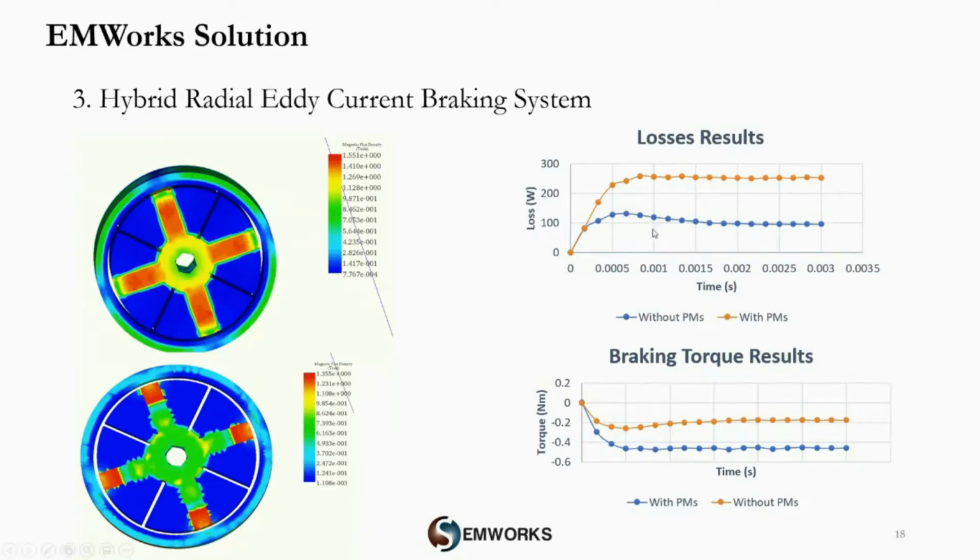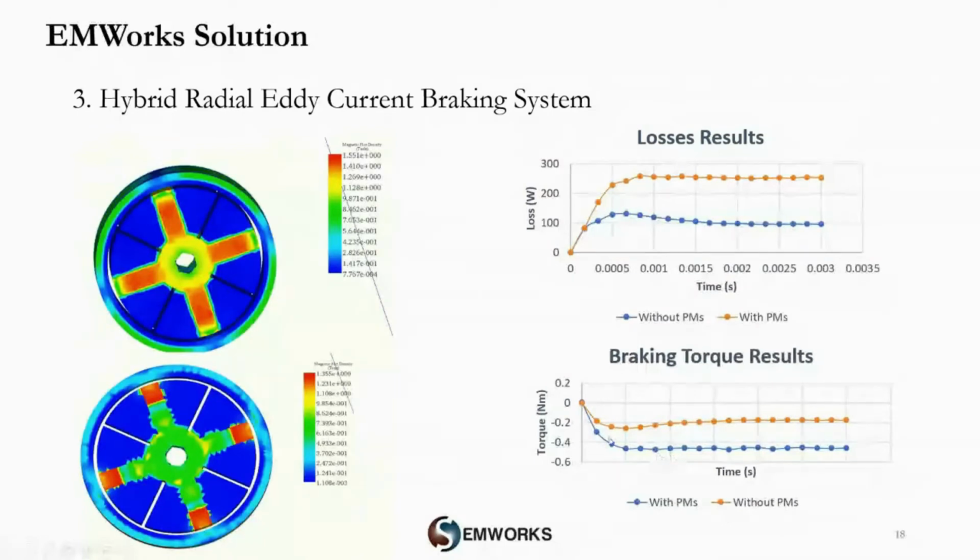When you have permanent magnets, you have more losses, but unfortunately the colors are mixed up here, this one blue and this one orange. The engineer helping me messed up the colors because you're supposed to have the same color, but I apologize for that.